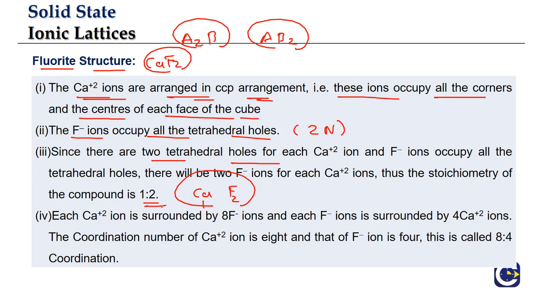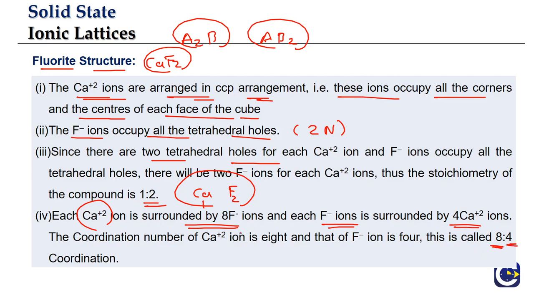And overall, each calcium ion will be surrounded by 8 fluoride ions, but each fluoride ion will be surrounded by only 4 calcium ions. So what we say is here, it is not equal coordination number. For the cation, the coordination number is 8. For the anion, the coordination number is only 4.